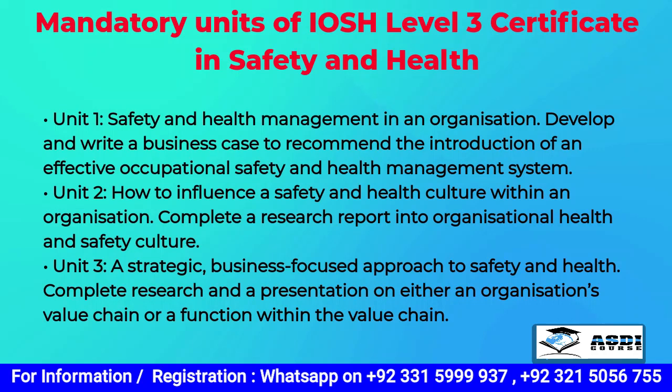Unit 2, How to influence a safety and health culture within an organization. Complete a research report into organizational health and safety culture. Unit 3, A strategic, business-focused approach to safety and health. Complete research and a presentation on either an organization's value chain or a function within the value chain.